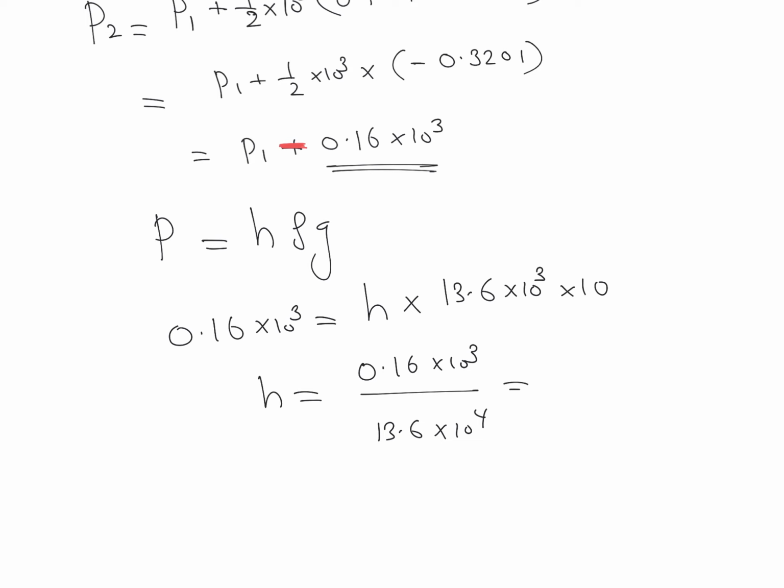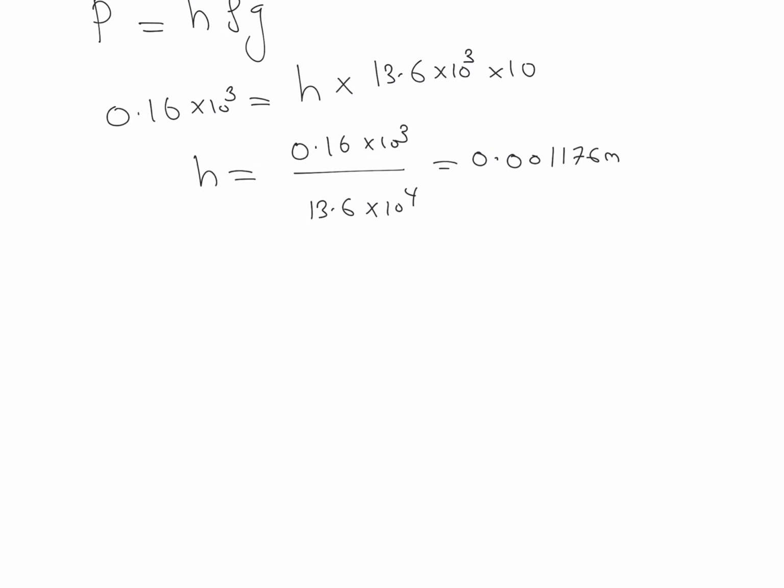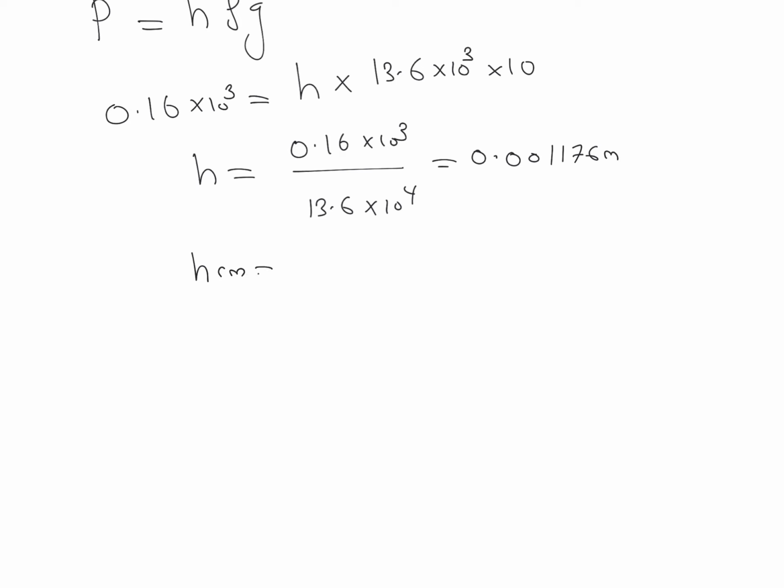If you calculate it, you'll get the value as around 0.001176 meter. But in the options they are given in terms of centimeter, so that is approximately 0.11 centimeter. So we can put this value over here.